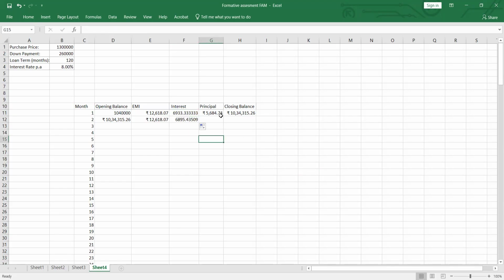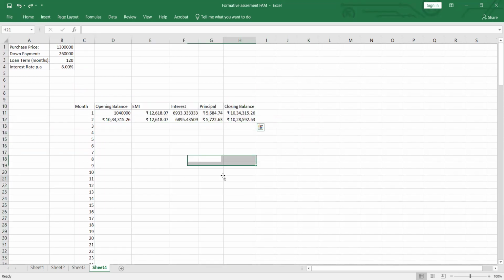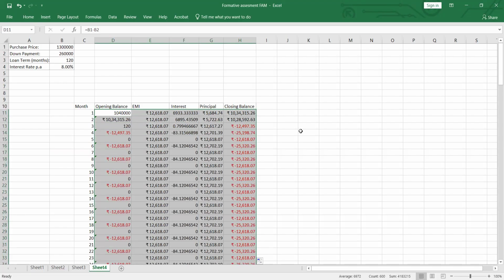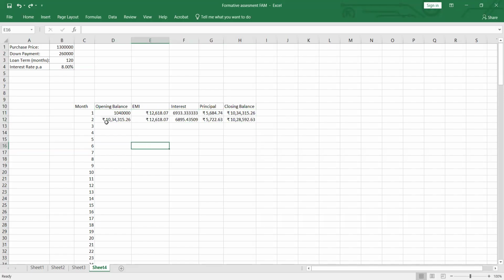This is correct, this is correct, and this is also correct. What is the mistake here?